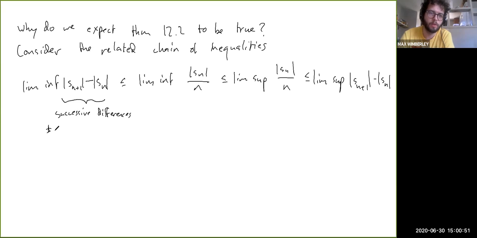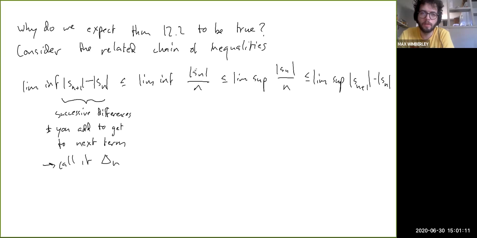If you think about it that way, let's call that delta n. Then this term here, in terms of these delta n's, would be the sum of the first n of those.